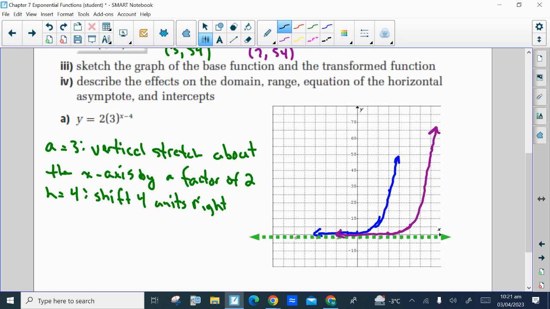So if we state our characteristics again, our domain won't change. Our range won't change.